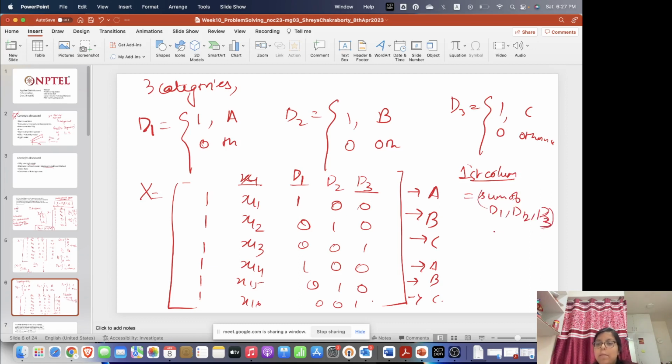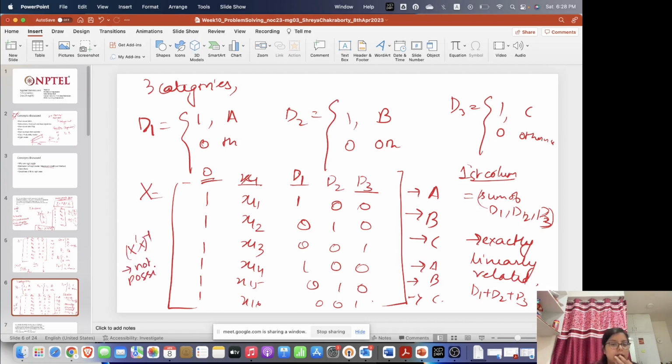So then what is happening? This column becomes exactly linearly related, because D1 plus D2 plus D3 would give us this 0th column. So if there is this exact linear relation, then x prime x inverse is not possible.